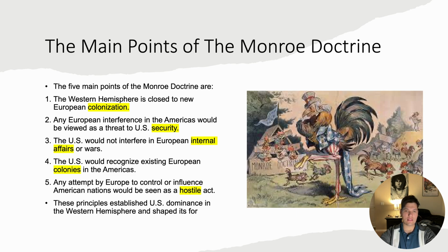Number 4 being the existing European colonies in the Americas would be recognized. And the last one, number 5, which is any attempt by Europe to control the American nations would be viewed as hostile. These are the principles that pretty much laid the groundwork for U.S. dominance in the Western Hemisphere.